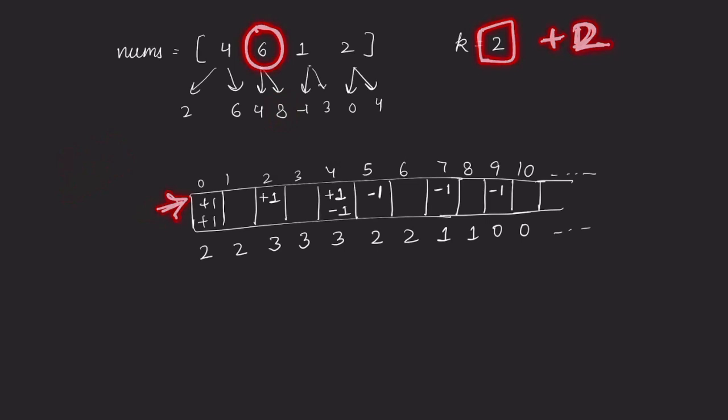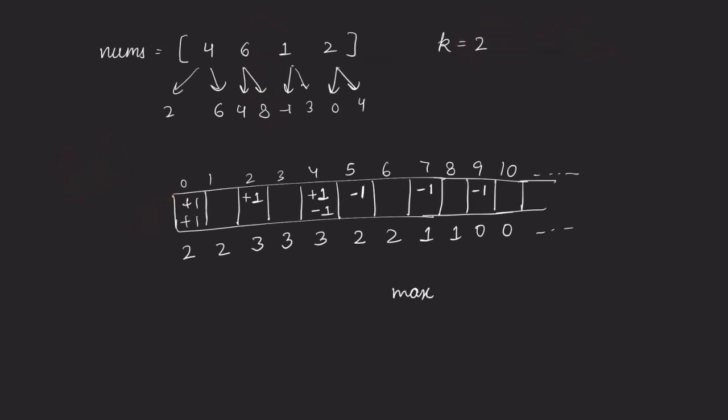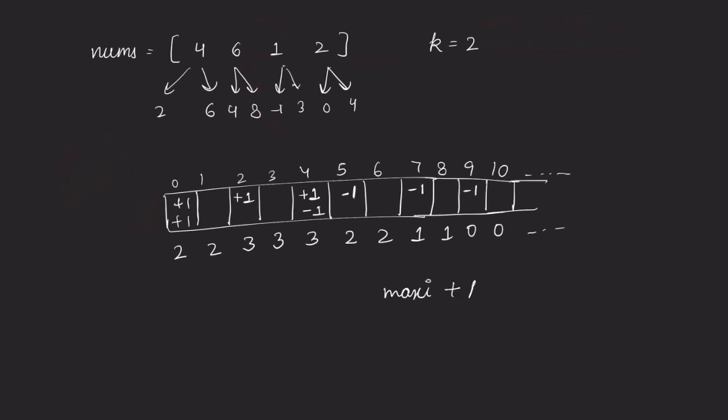So basically the size of this particular array should be the maximum value in our array plus k plus 2. So this should be the size of our prefix sum array, right?